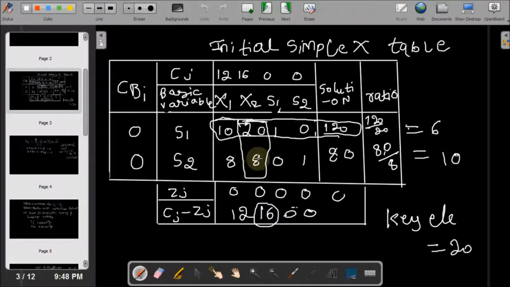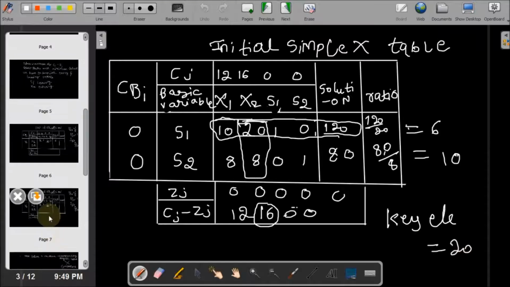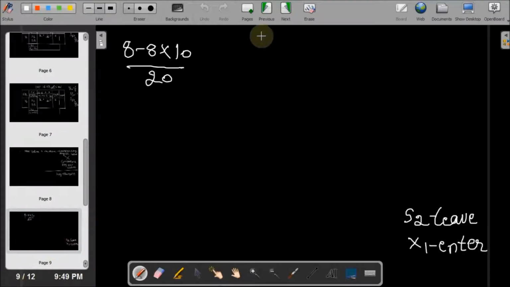I will show you that, 8. Right? Next, minus corresponding row. For this element, what is the corresponding row? This is 10, divided by what is the key element? 20. You can see that. So what is the value here? Right? Value will be 4. So how I got that? That is 8 minus 80 by 20.